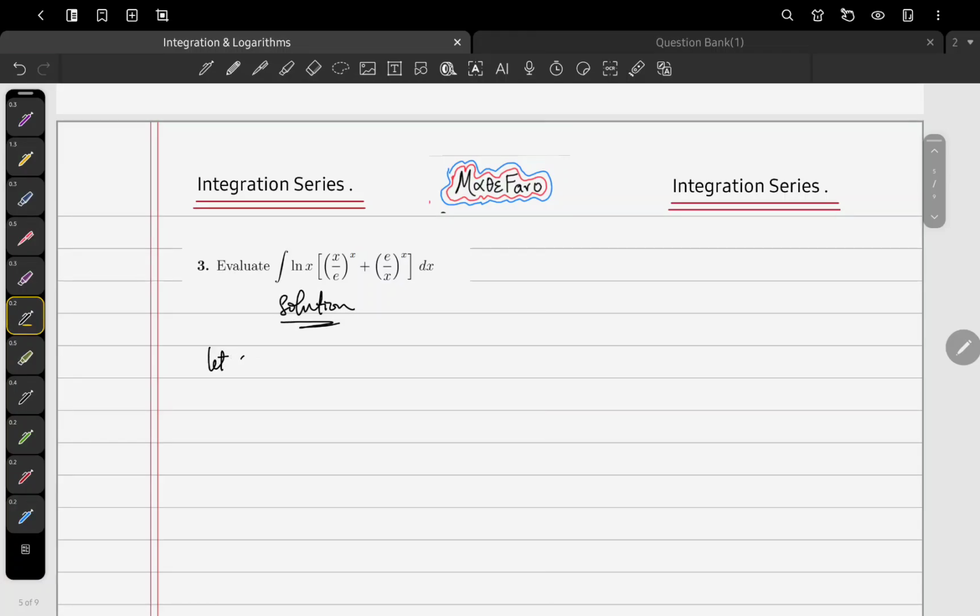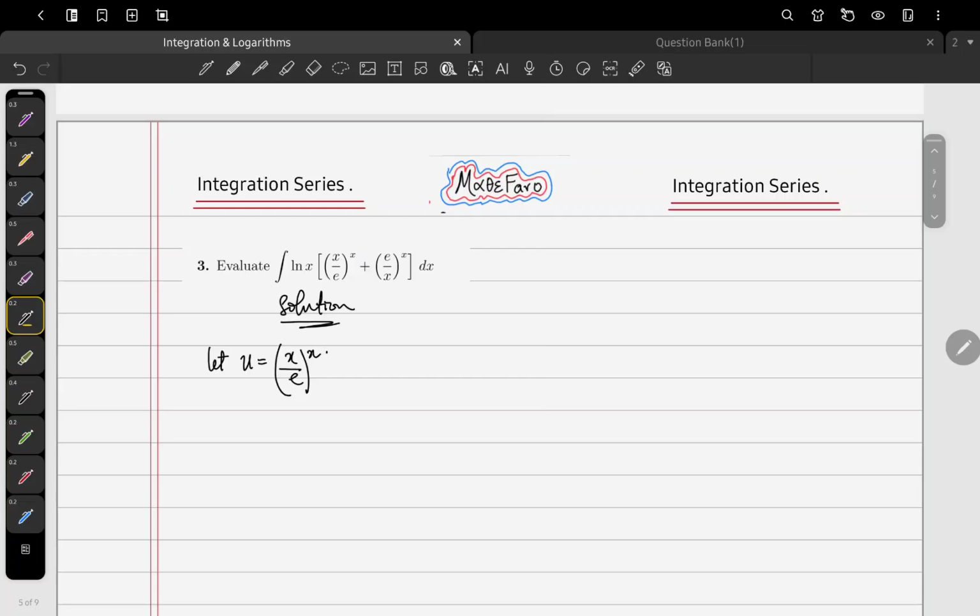So let u be equal to x over e to the power of x. Once I saw this question, I fell in love because it has a lot of parts that make it even more beautiful. So how do we do u substitution?